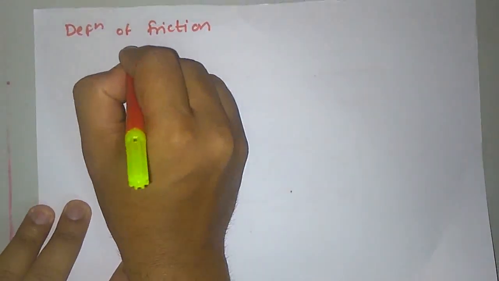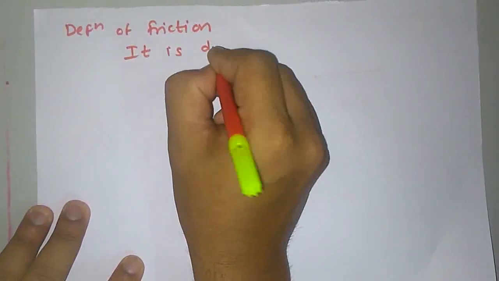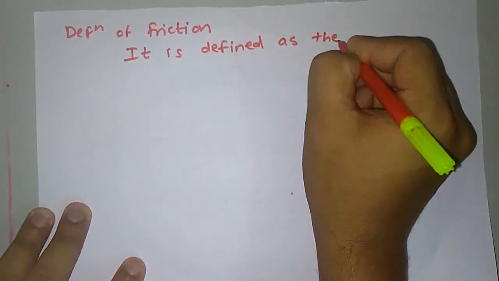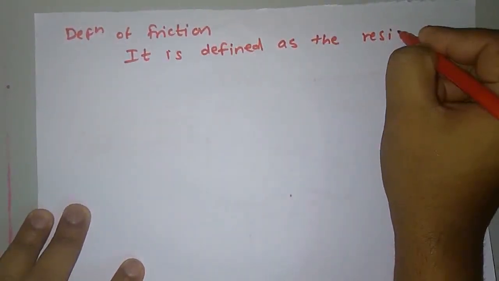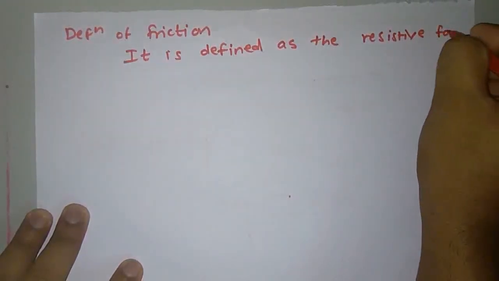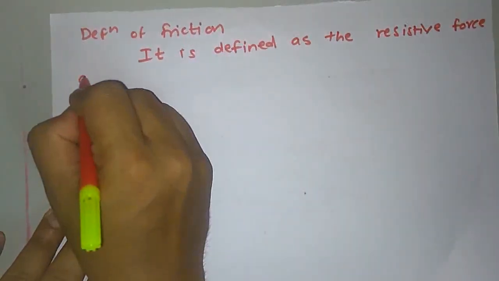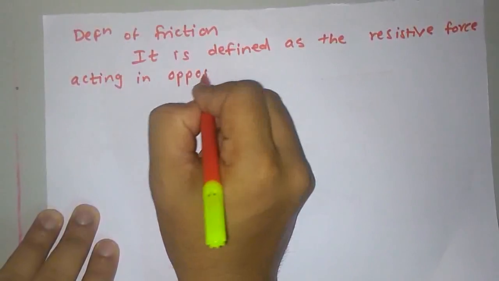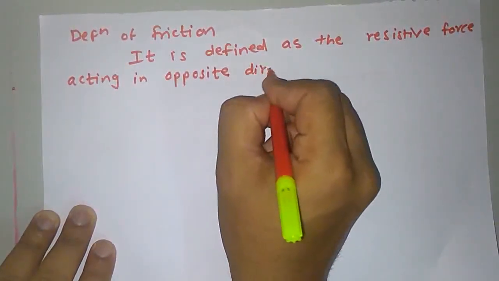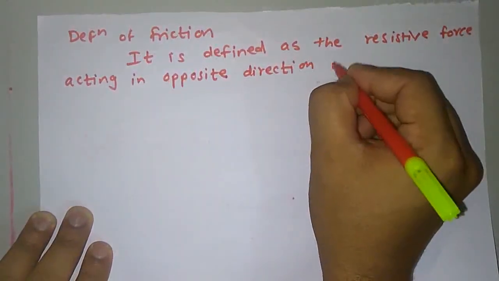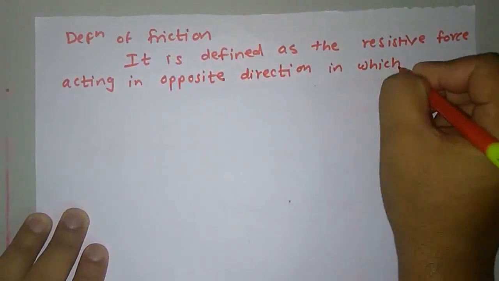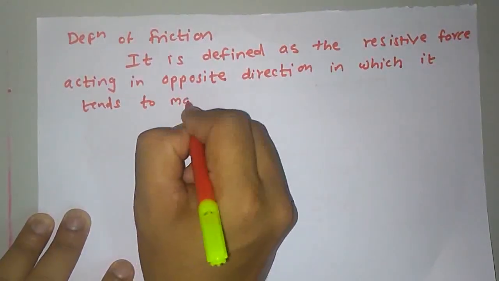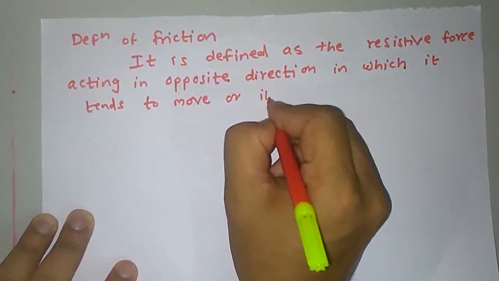The definition of friction is: it is defined as the resistive force acting in the opposite direction in which a body tends to move or moves.